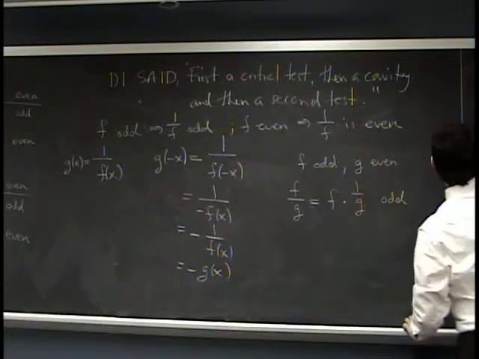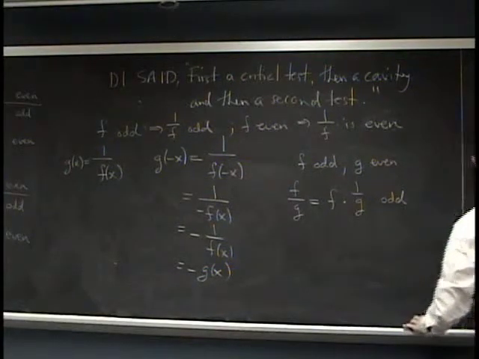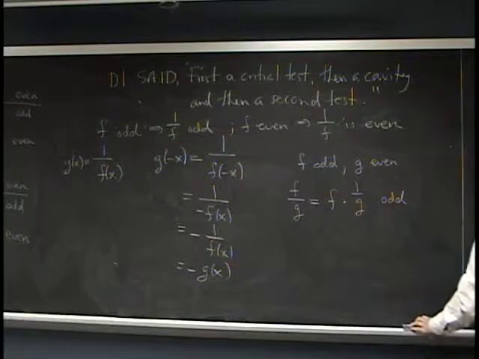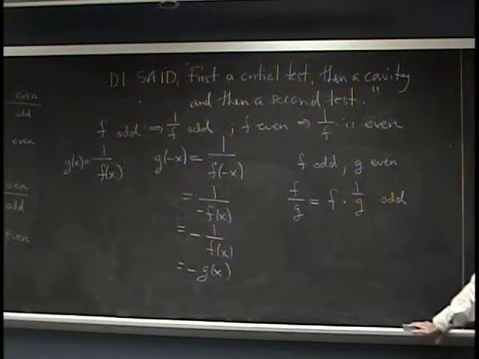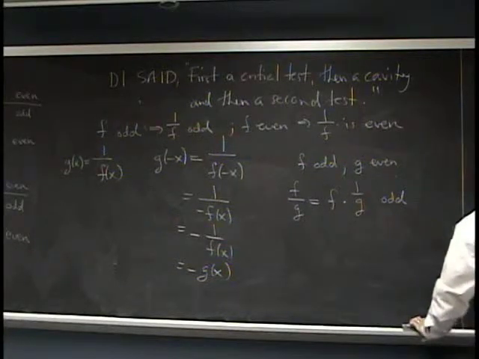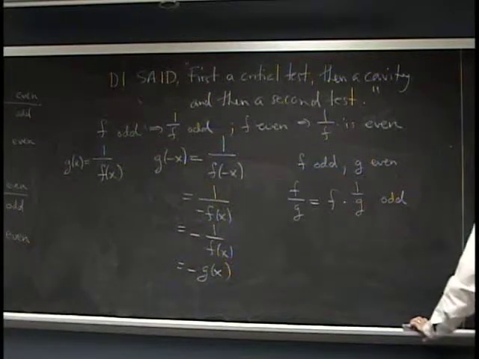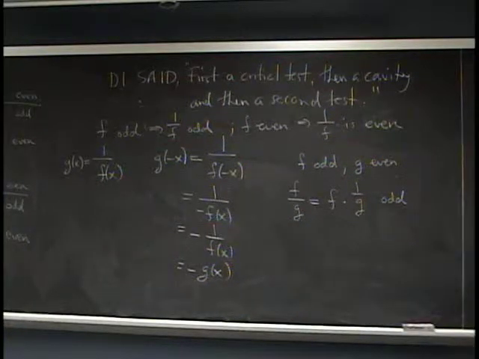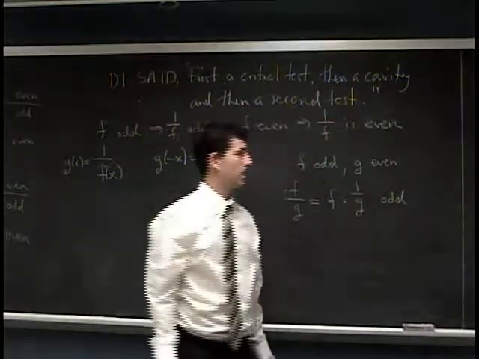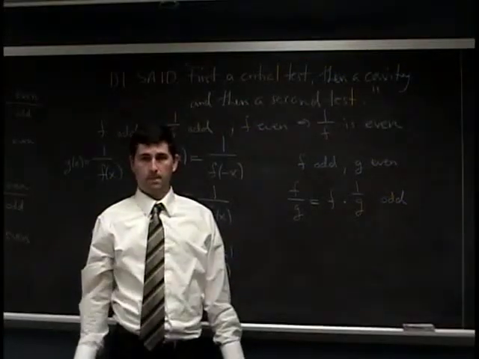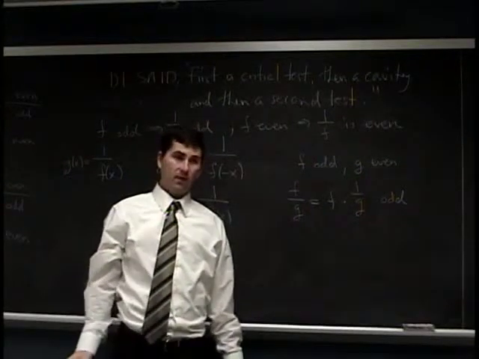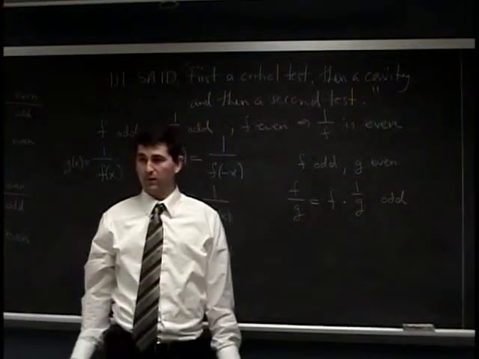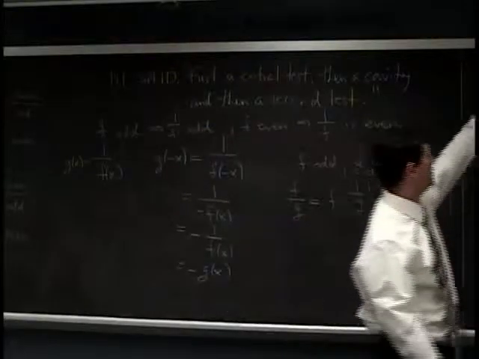For instance, f of x equals, say, sine of x times x cubed minus x over 2x squared minus 1 times cosine of x. If we want to know if this has symmetry, so if it's an odd or an even function, well, I just do it piece by piece.